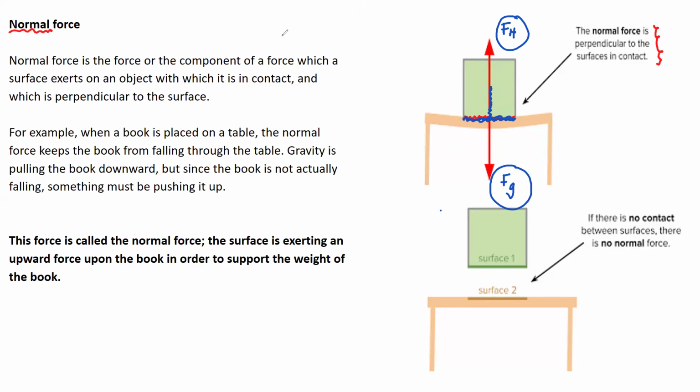Now, it's very important to understand, and I'm saying this for now, though I will add more information later. Someone just asked, is the normal force equal to the force due to gravity? Under this scenario, in this case, yes. They are actually equal and opposite.